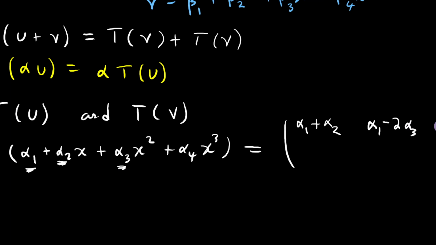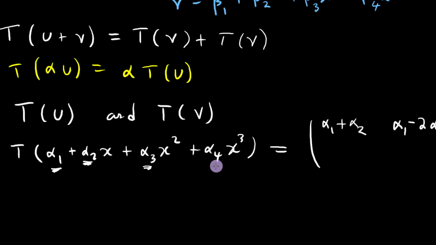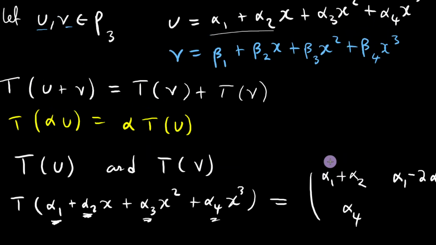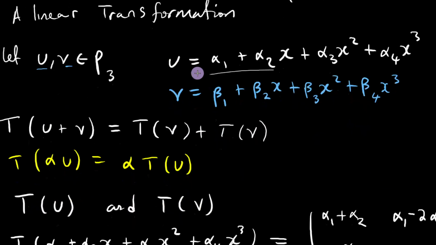We're just following this definition. Then the entry here should be d. D is the coefficient of x to the power 3, which is alpha 4, so we'll put alpha 4 here. Then lastly, this should be b minus d. B is the coefficient of x and d is the coefficient of x to the power 3.